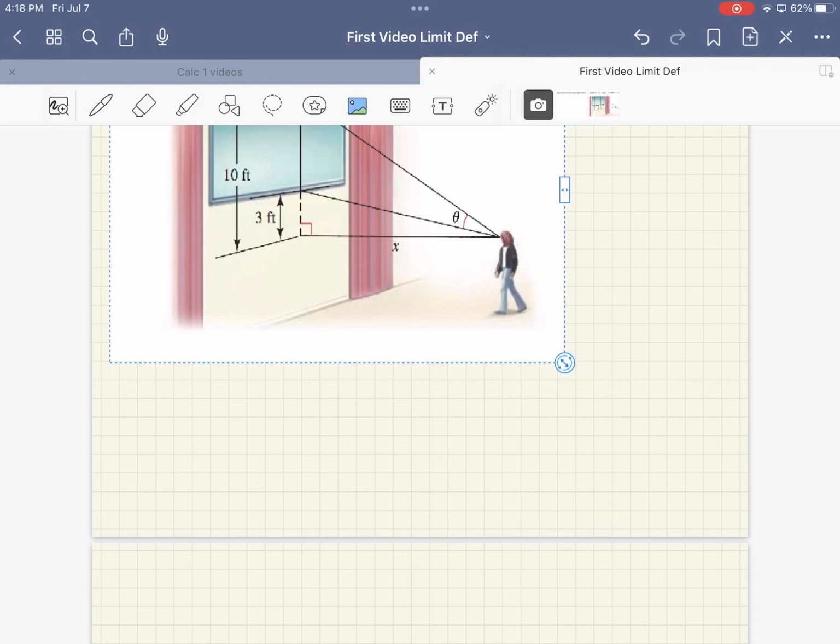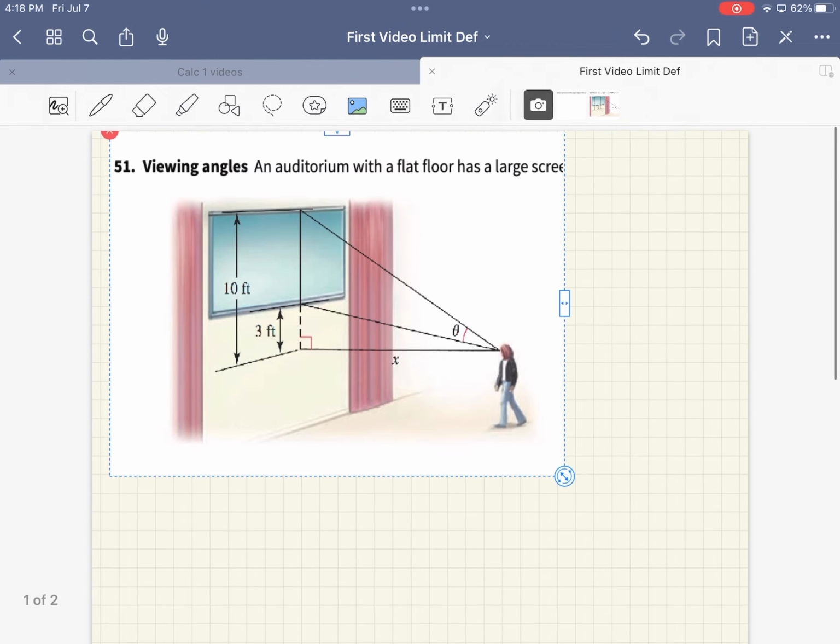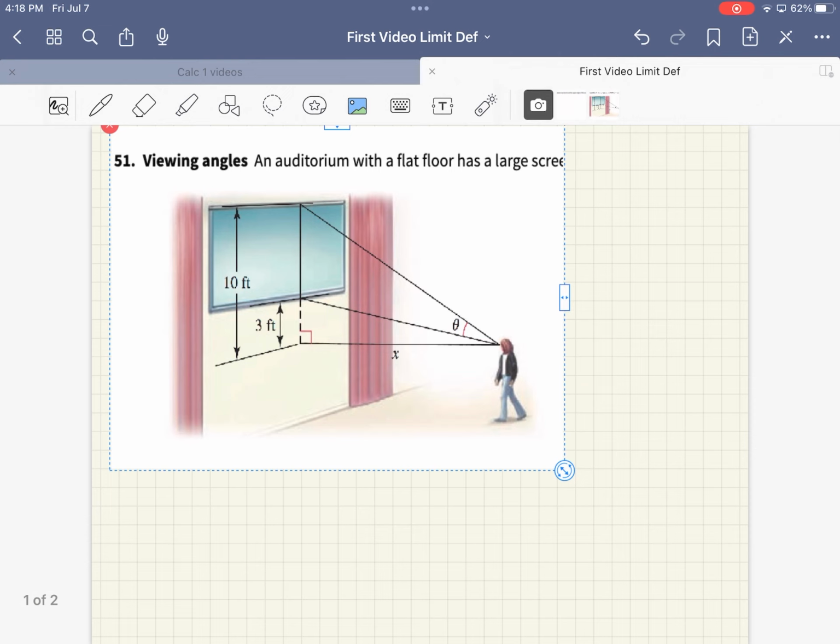Okay, so in this video, we are going to look at a second optimization problem. This one will be a little bit more involved, and the setup is what we see here: we have an auditorium with a flat floor and a large screen.